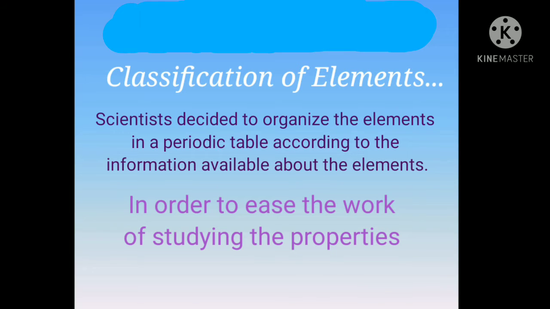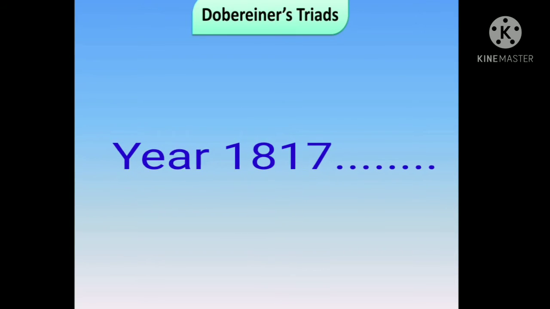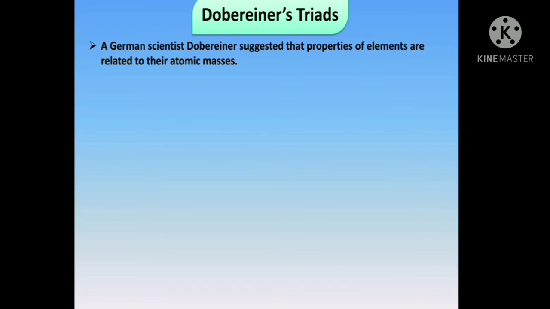As knowledge about elements and their properties went on increasing, different scientists started trying out different methods of classification. In the year 1817, a German scientist, Dobereiner, suggested that properties of elements are related to their atomic masses.